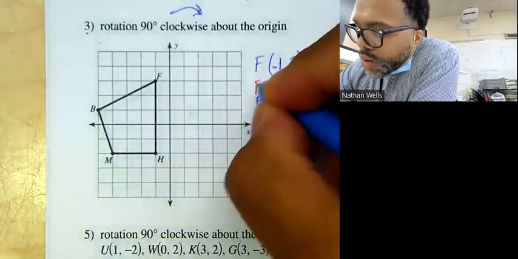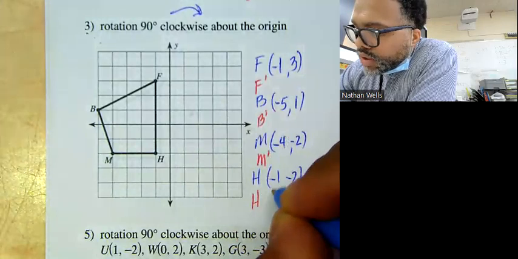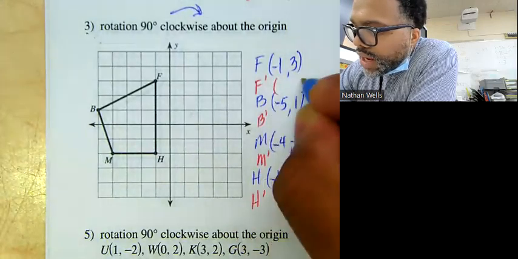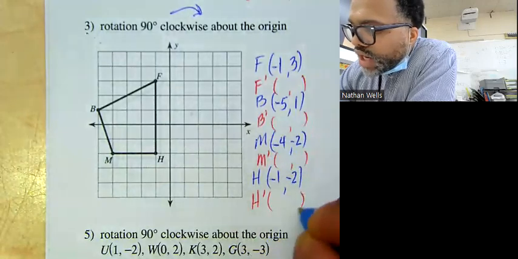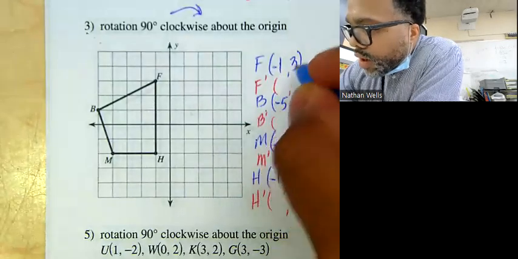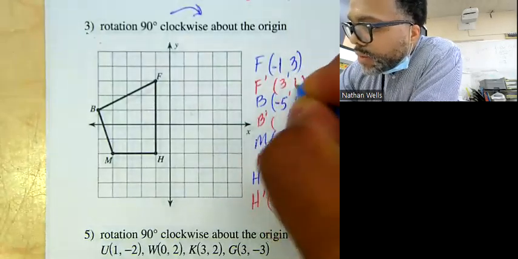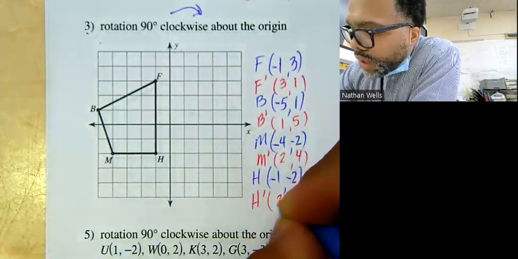Now I need to figure out, well, what are my prime points going to be? So again, when it is a 90-degree rotation, whether it's clockwise or counterclockwise, we switch the order of our numbers. So that's going to be 3, 1, 1, 5, 2, 4, and 2, 1.